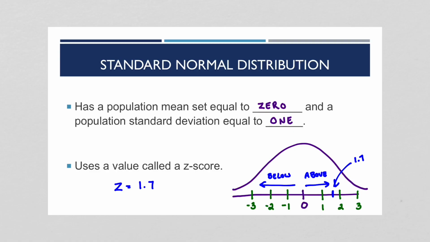We would need to use the standard normal distribution when we work with the standard normal distribution table. Again, though, you don't necessarily have to convert everything into z-scores now because your TI-83 or TI-84 calculator allows you to skip that step. You can just work with the information that's supplied to you in a given problem situation. And again, that'll be a little bit clearer as we progress through these slides.